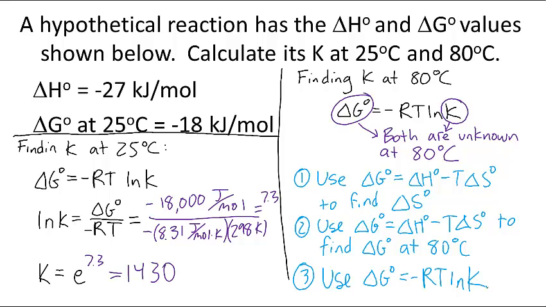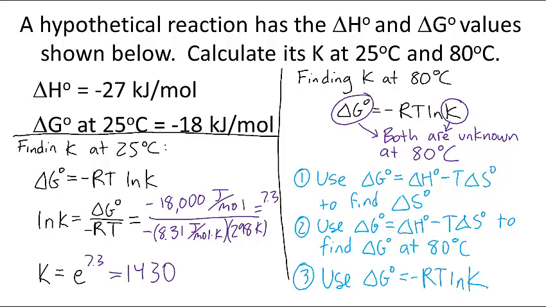It's not necessarily a general process. It's the process based on the information we were given, right? Because we were given delta H naught and delta G naught, we needed to find delta S naught first. In a different scenario, we might have been given delta S naught first. So I can't say that this is a general process you're always going to apply.